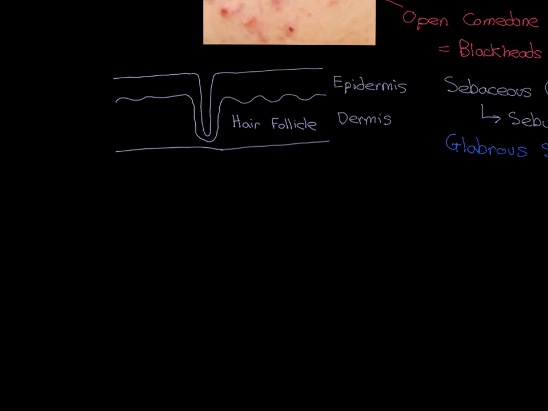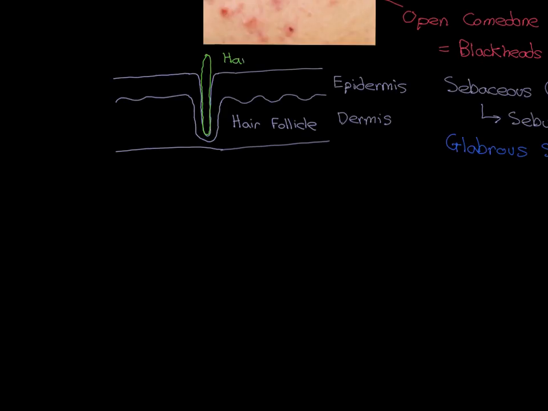So let's next add on to our picture here an actual hair. Now ideally, of course, I would draw the hair in black or brown, but that's not going to show up, so instead I'm going to choose the colour green to draw the hair in here, just because it shows up. So there, that is going to represent our hair.